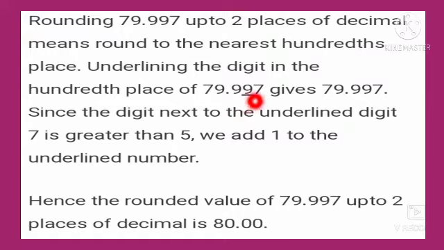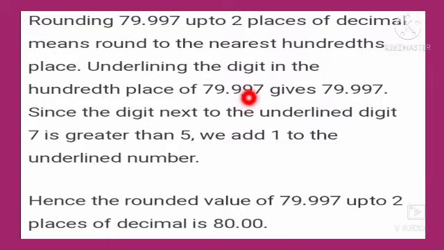So 9 plus 1 becomes 10, so 0, and again it becomes 80. So 79 plus 1 gives 80. Hence the rounded value of 79.997 up to 2 places of decimal is 80. Here we are adding 1 to the underlined digit.